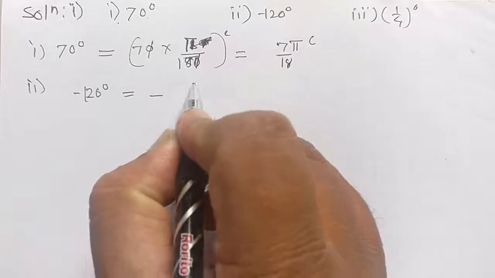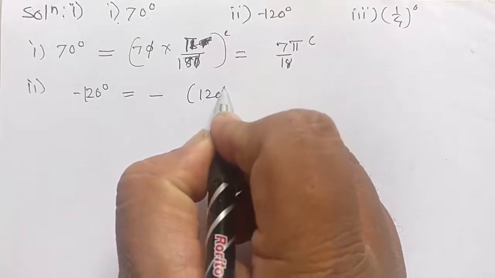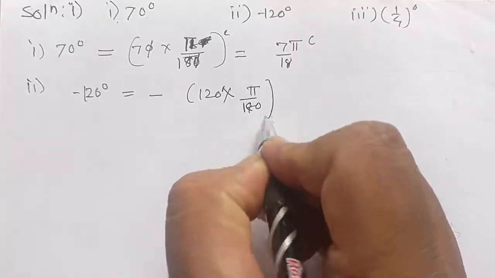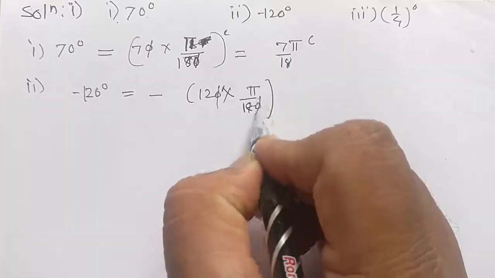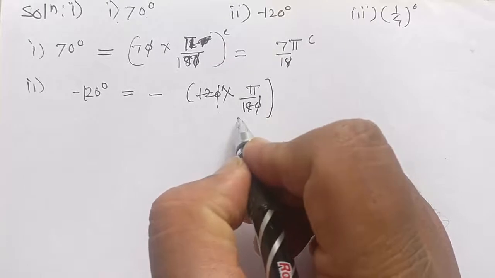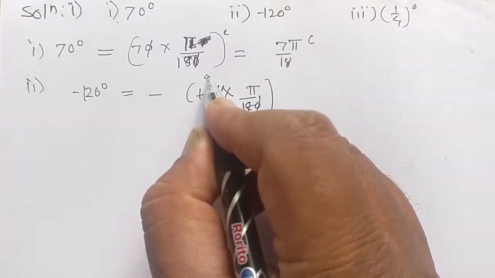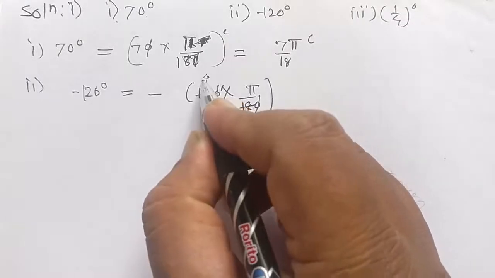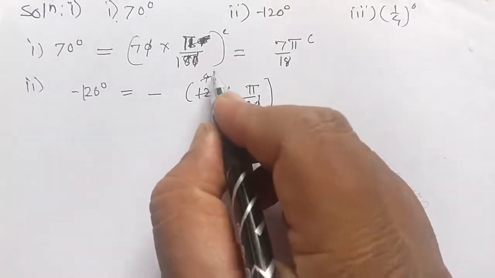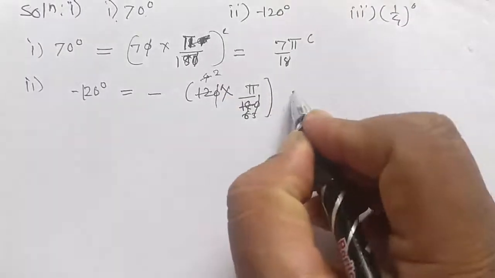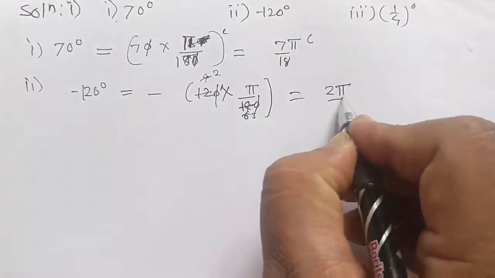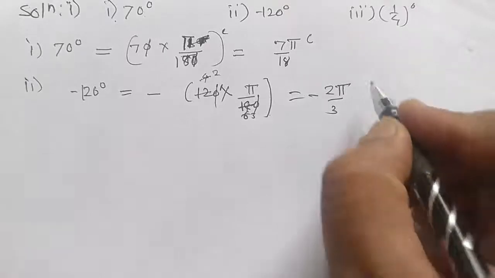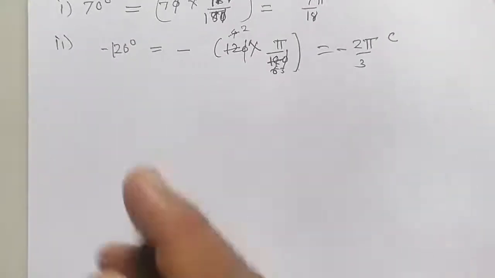It is equal to minus 120 into pi upon 180. So 0 gets cancelled, 4, 6, we can take 2, 3. So this is equal to minus 2 pi by 3 radian.